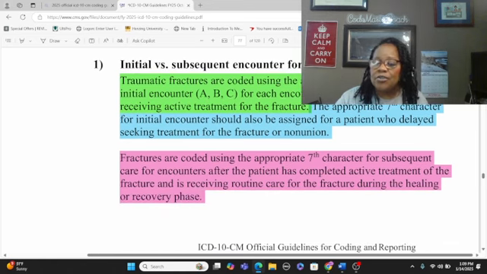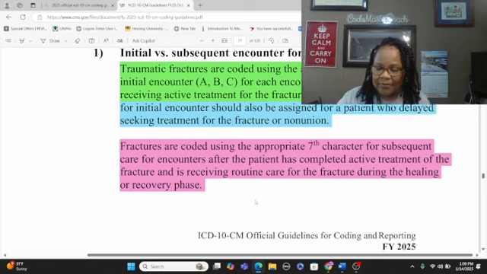Now it says fractures are coded using the appropriate seventh character for subsequent care for encounters after the patient has completed active treatment of the fracture and is receiving routine care for the fracture during the healing or recovery phase.